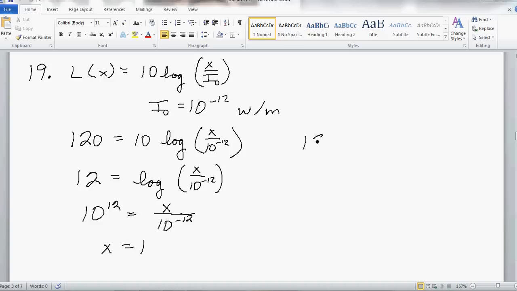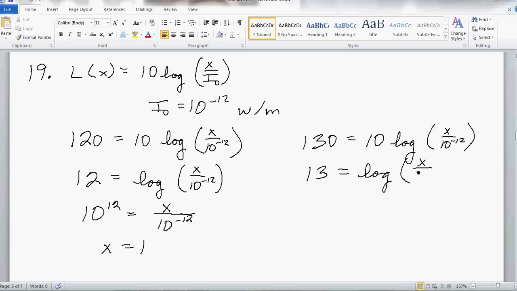Now, whenever there's 130 decibels, let's see how that changes. We set it up in exactly the same way. We divide by 10, so we get 13. 13 equals the log of x over 10 to the negative 12. Since there's no base here, it's understood to be a 10, so it's 10 to the 13th power equals x over 10 to the negative 12.